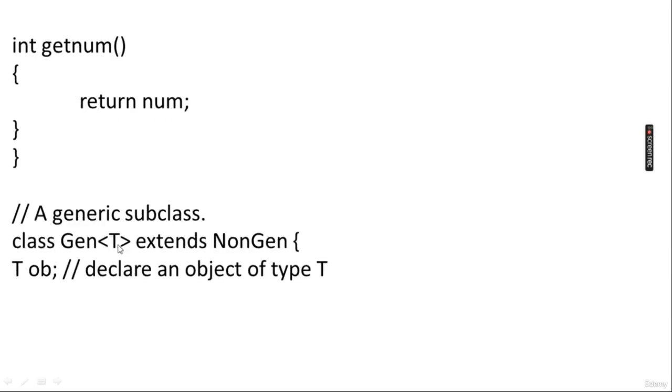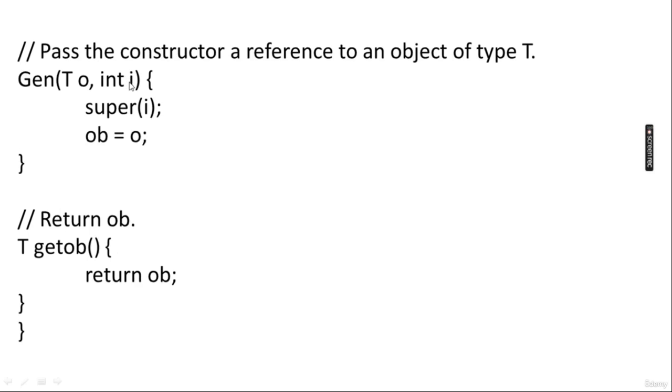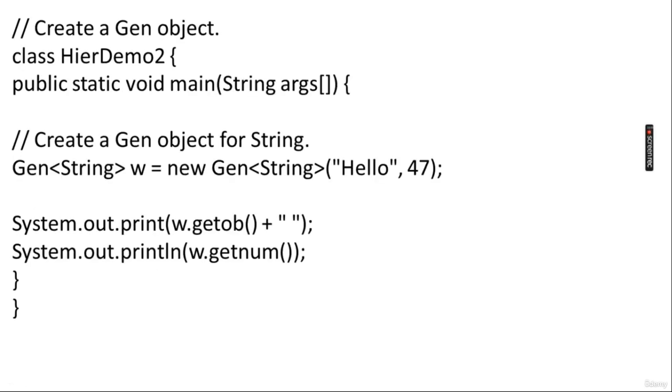T is a type parameter to Generic, then int i, super(i). So this i is for the sake of calling the base class constructor, and the object is initialized with o for the sake of this generic subclass. T getObject will return the object.